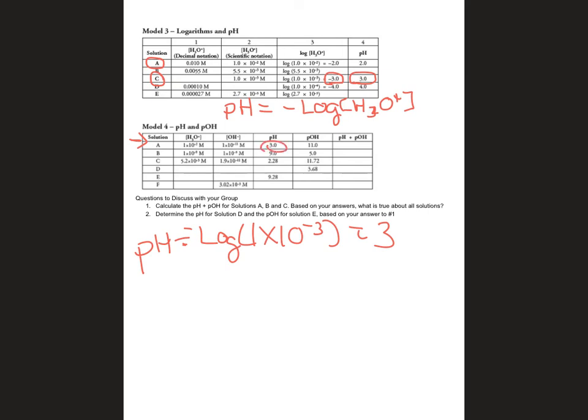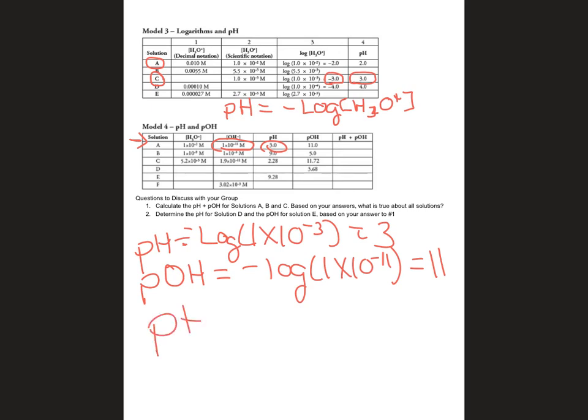And notice I can do the same thing here for OH, and instead of calling it pH, I'm going to call it pOH because it's the power of the hydronium ion or power of the hydroxide ion. And so I would take the negative log of 1 times 10 to the negative 11, and that equals 11. And notice, if I add my pH plus my pOH of any solution, what value do you notice that it becomes?